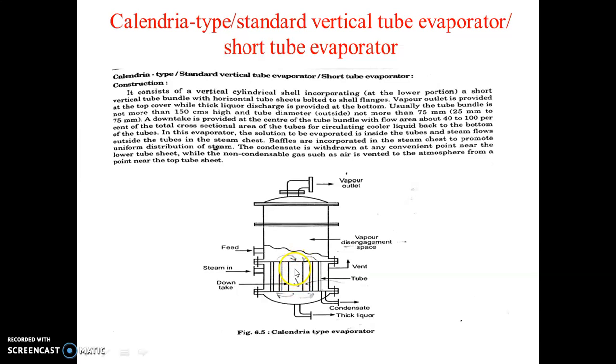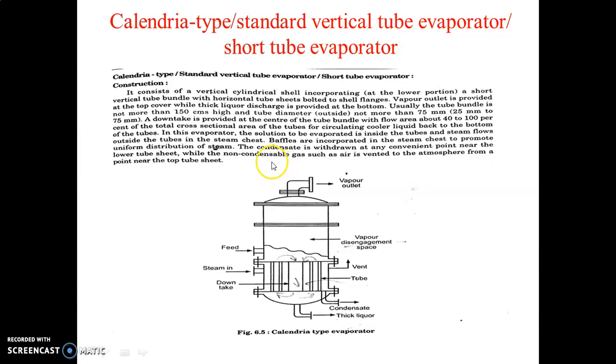And why is this downtake provided? For circulating the cooler liquid back to the bottom of the tubes. So circulation takes place from this area, then again the liquid rises here. In this way natural circulation takes place in this calandria type or standard vertical tube evaporator.